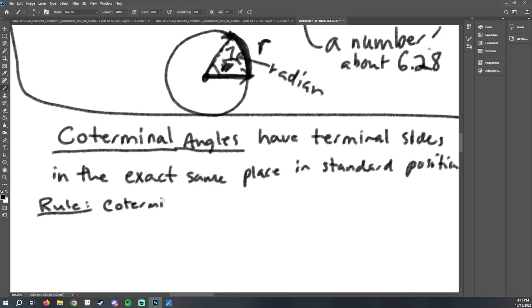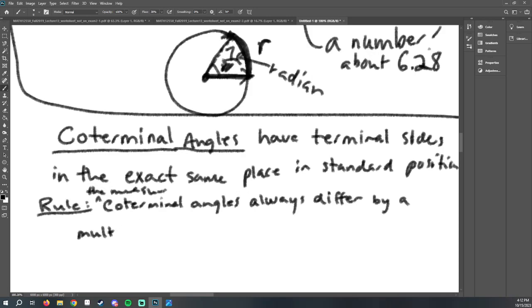Coterminal angles always differ, and I'll say the measure of coterminal angles, the measure of coterminal angles always differ by a multiple of 2 pi radians or 360 degrees, depending on what units you're using, right?